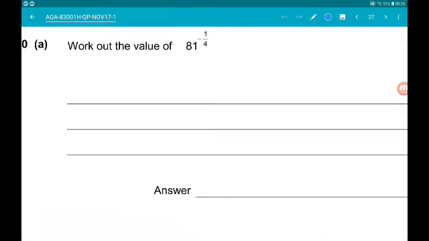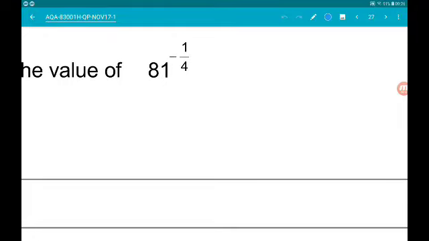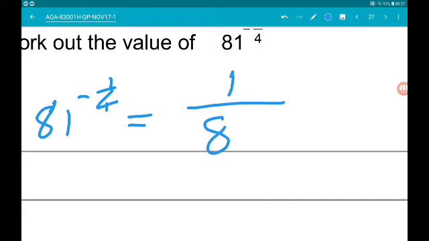Cool. Question 30, the grand finale. So we got indices. I'll put my stuff down below. So part A wants us to work out the value of 81 to the minus 1/4. So, first of all, negative powers, or the negative part of a power, put the number and the rest of the power on the bottom of a fraction, like that.